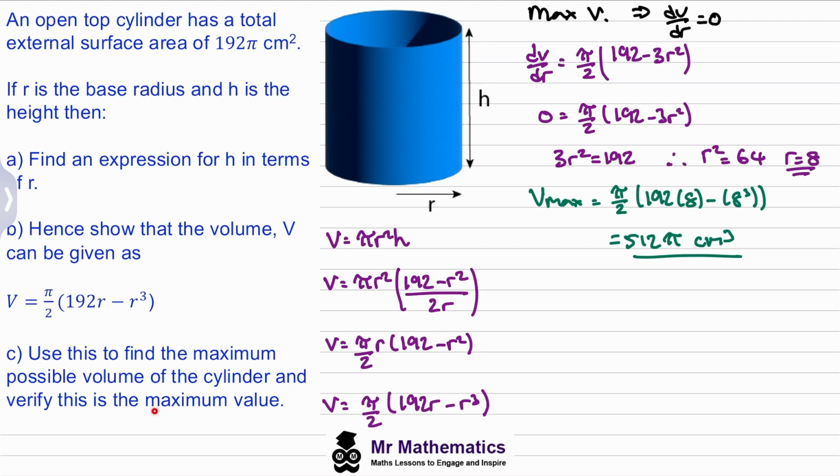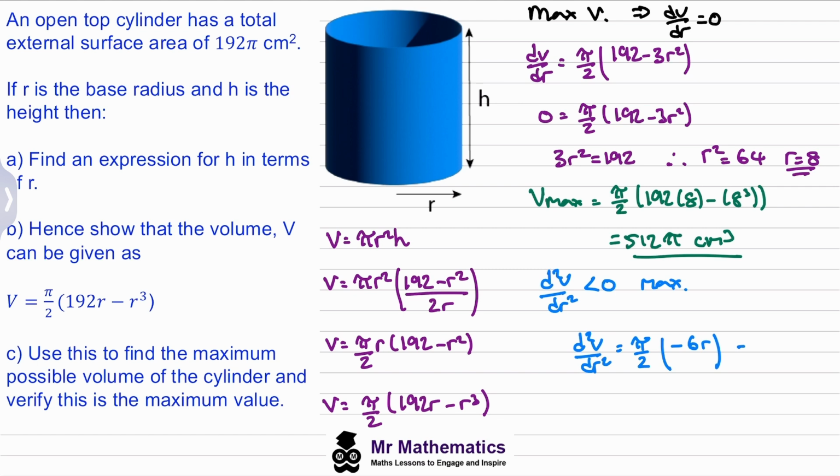Then we can verify that this is a maximum value by finding the second derivative of the volume. We know that when d squared V over dr squared is less than 0, this will be a maximum turning point. So if we differentiate dV by dr again with respect to r, we'll get pi over 2, this constant will go, and this will become negative 6r.